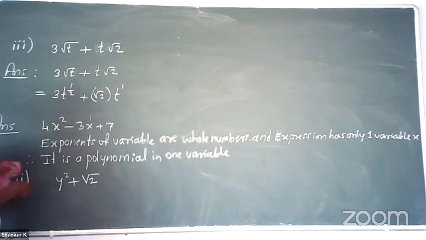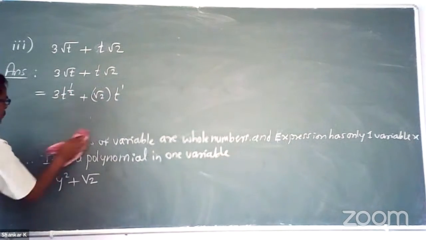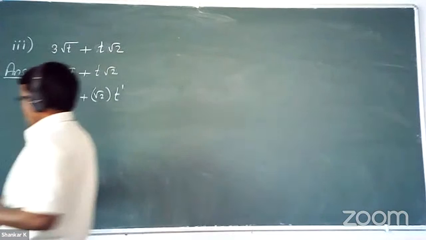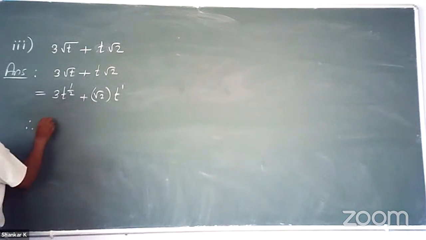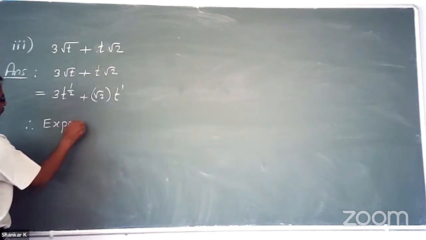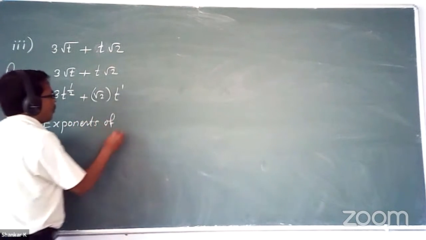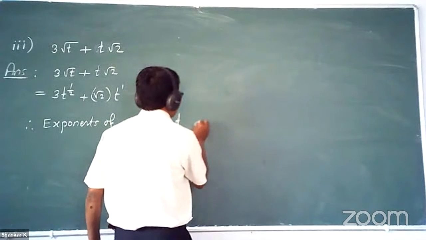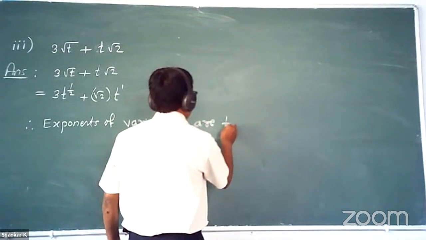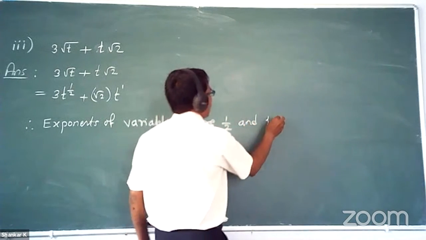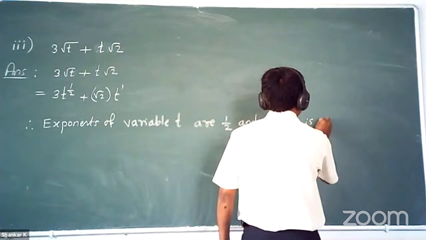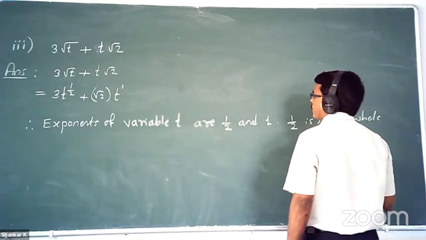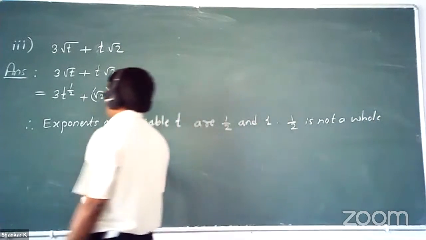So t raised to 1 is there. We can write like this: exponents of variable t are 1 by 2 and 1. 1 by 2 is not a whole number.